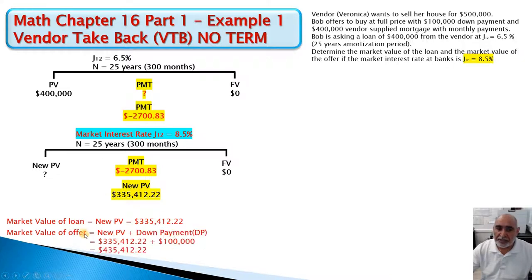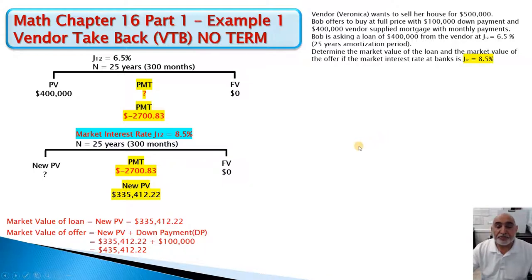And the market value of the offer is the new PV plus the down payment of 100,000. So actually, according to the market, this house is being sold for 435,000 instead of the full 500,000, because Bob is able to get this loan from Veronica at a rate of 6.5%, whereas the market rate is 8.5%.